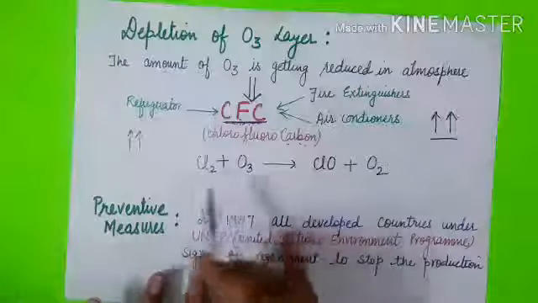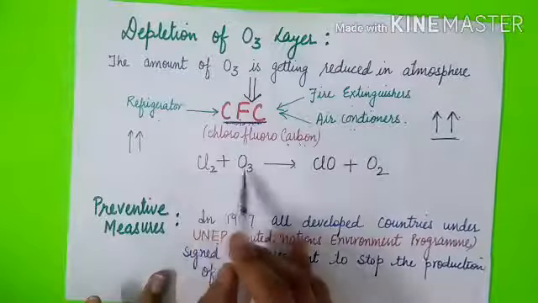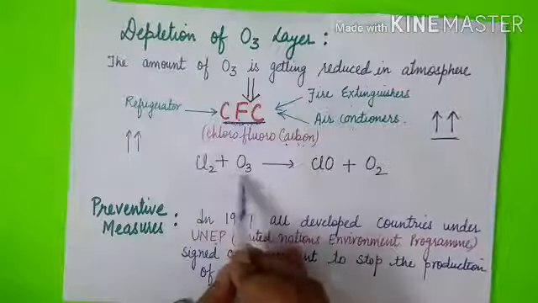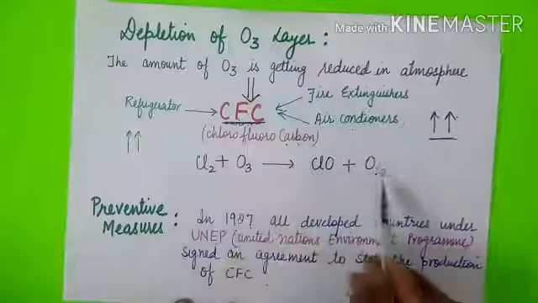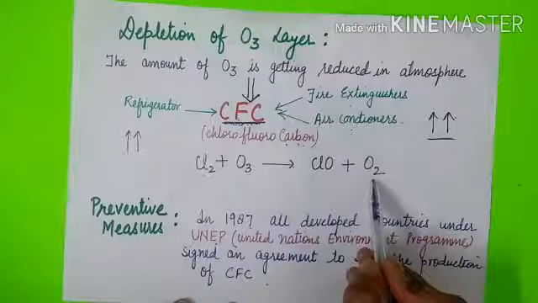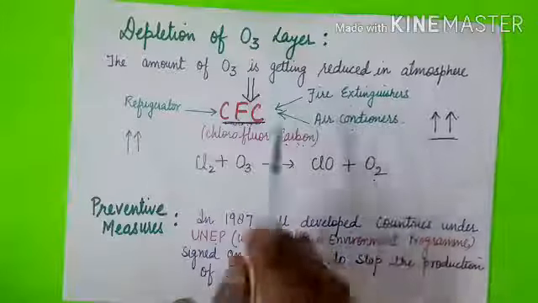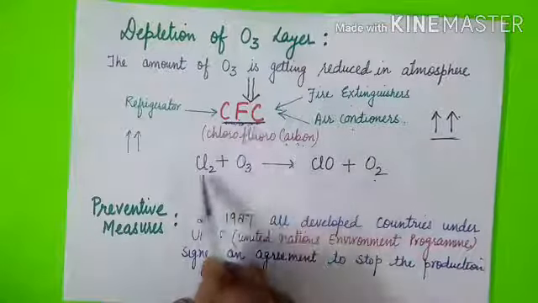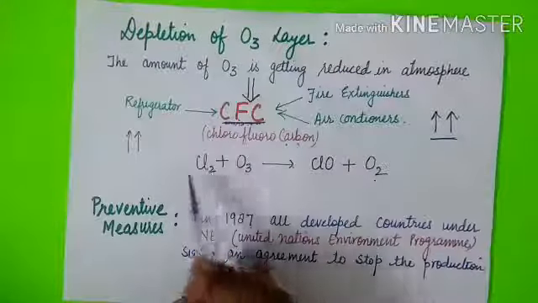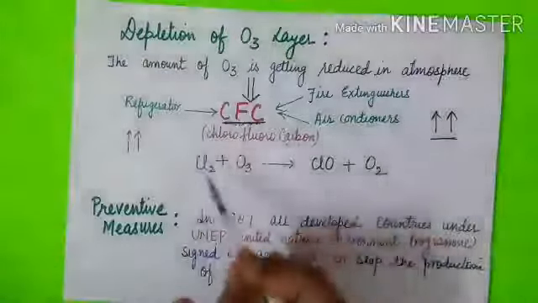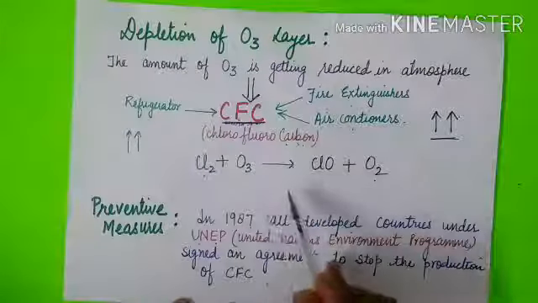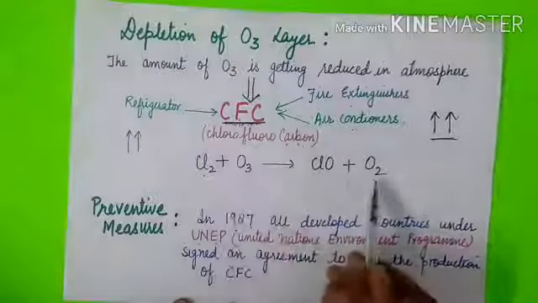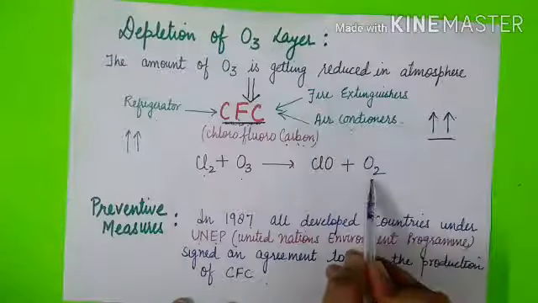Now you can see one Cl reacts with an ozone molecule, and this O3 molecule is getting converted into an oxygen molecule. It means the more CFC is released into the environment, the more Cl is formed, the more such reactions happen in the atmosphere, and more ozone molecules are getting converted into oxygen molecules.